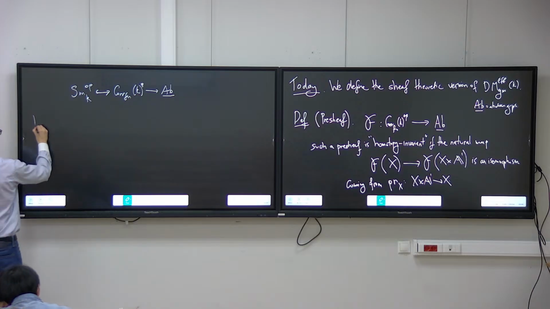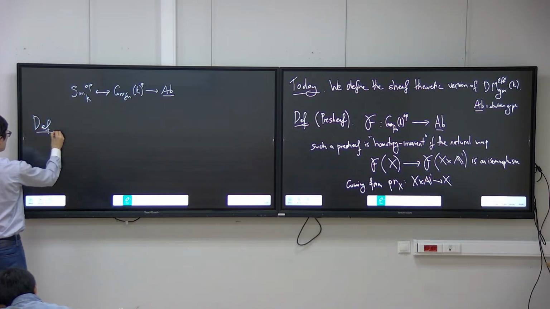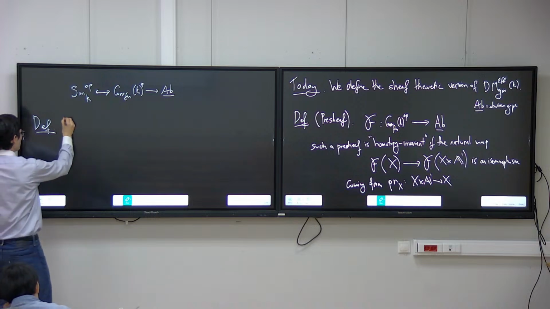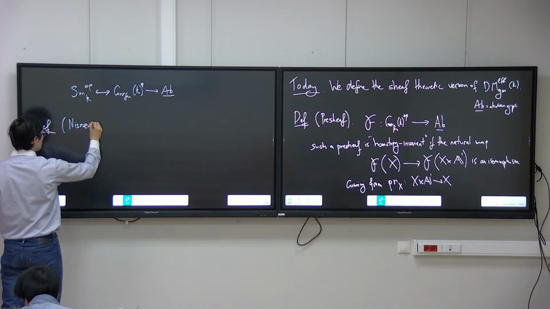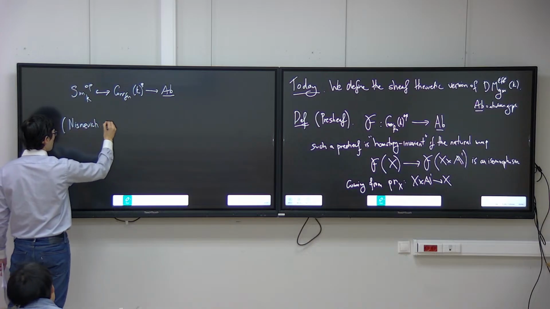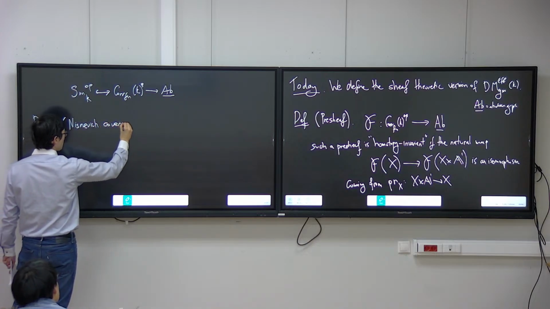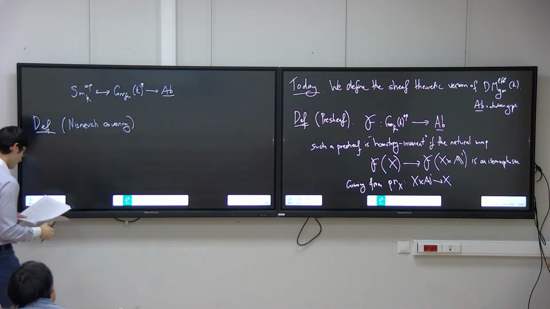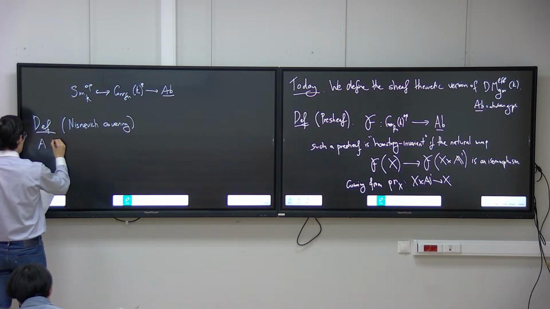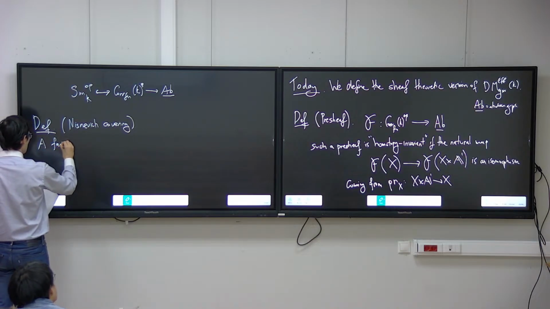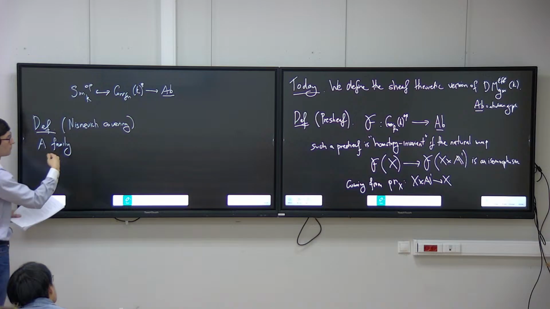Just in case, I recall the definition of a Nisnevich covering. So this is something in between the Zariski topology and the Étale topology.